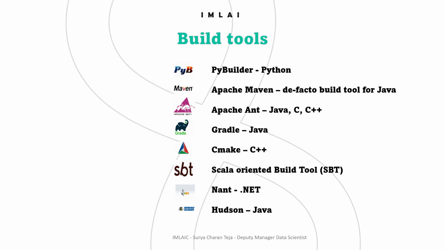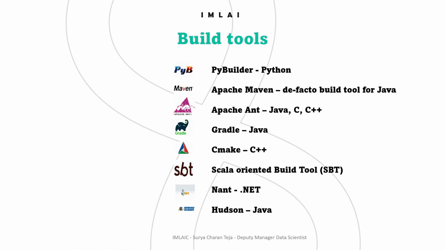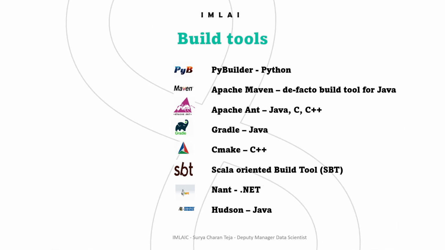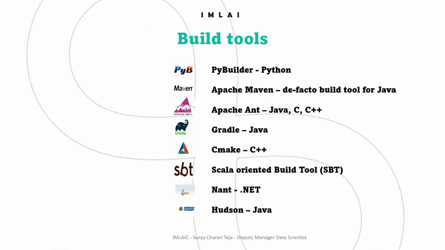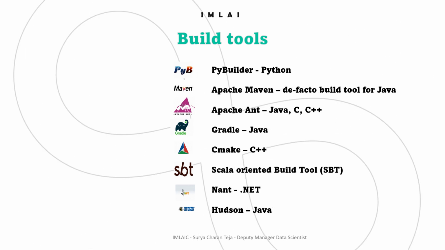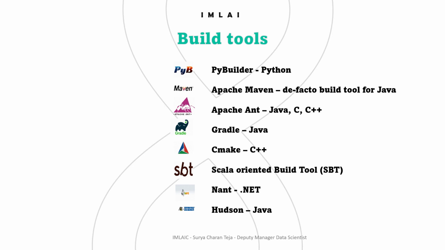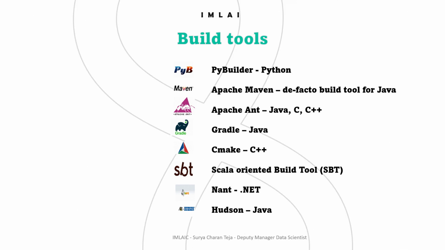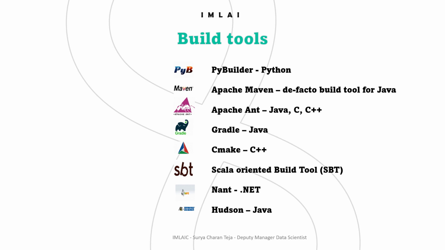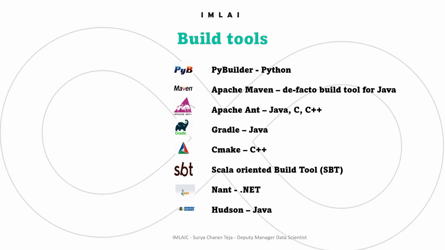So now we need some tools to build the artifact, to create an archive. The tool that we widely use is Maven for Java, Apache Maven for Java, and PyBuilder for Python. In addition to that, we have Gradle, Apache Ant. These are also very famous tools, and the Scala-oriented build tool SBT.